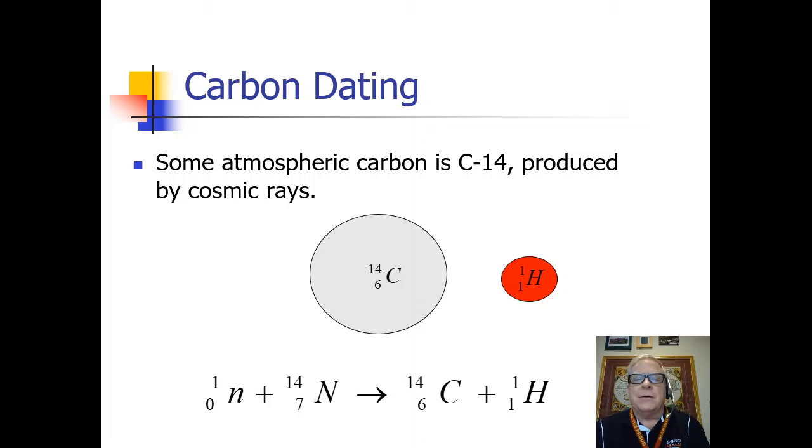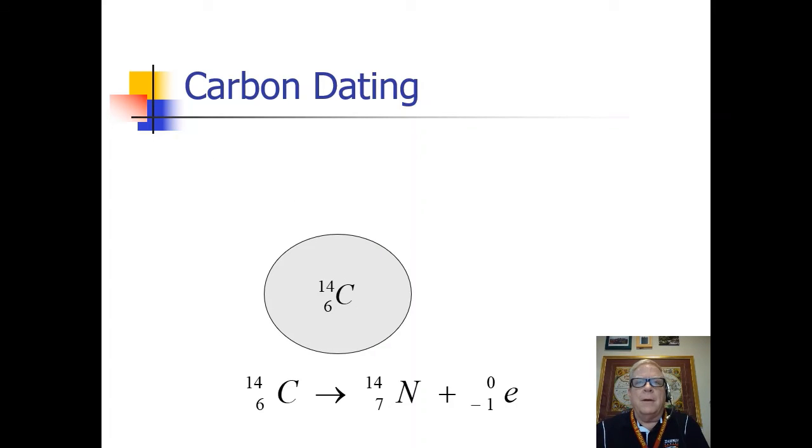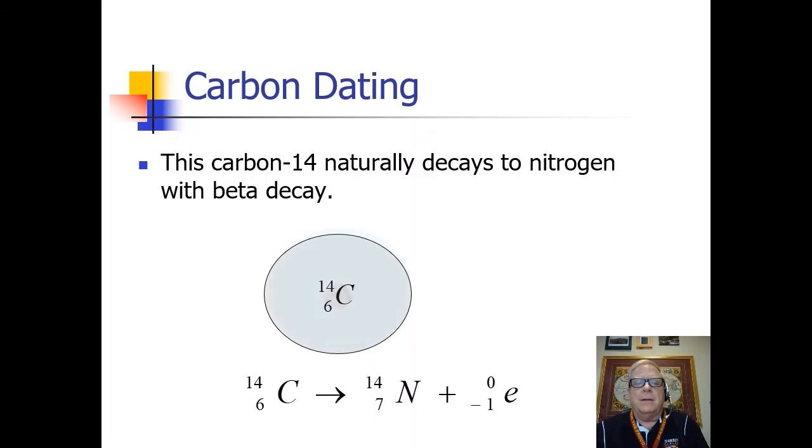Those neutrons turn a nitrogen nucleus into a carbon nucleus and release a hydrogen. Basically, a proton gets released. So now you have a carbon-14, but this carbon-14 is unstable. So now that carbon-14 will eventually decay back into a nitrogen by emitting an electron. That's a beta minus decay.